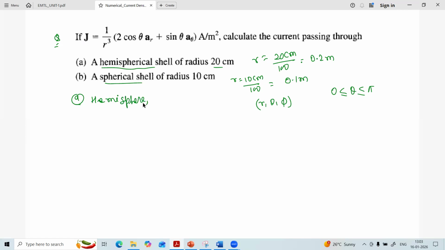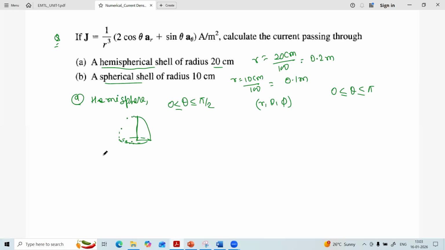How are we going to form the hemisphere? Suppose, for example, we take one vertical point and this is one arc. Here theta is going to vary from 0 to pi by 2. Now if you rotate this completely on phi, you are going to get the hemisphere. So in the case of a hemisphere, theta will vary from 0 to pi by 2. That will be the difference here. Now first we're going to apply the expression.